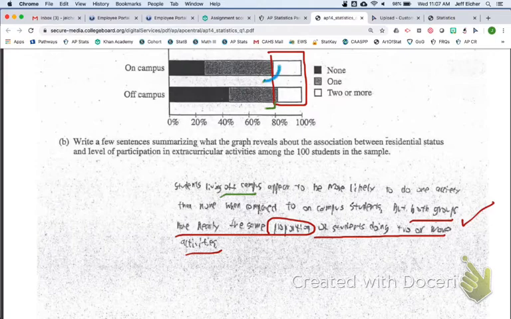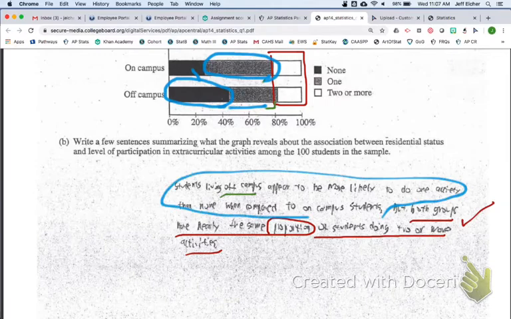So on-campus is more likely to do one than off-campus, and off-campus is more likely to do none than on-campus. So whatever this statement is, it wasn't very clear, and it might not be entirely correct. So I'm not really that convinced that the student knows what they're talking about.